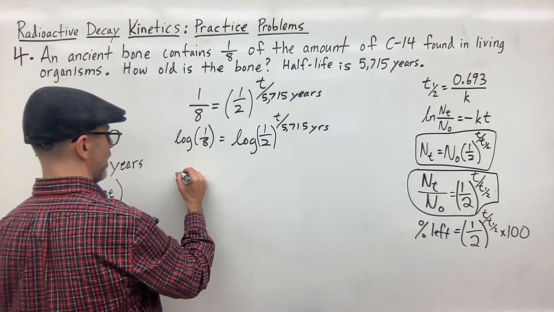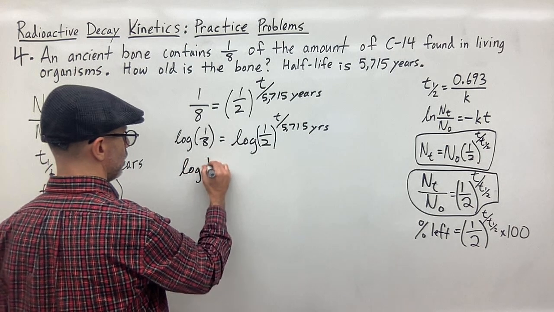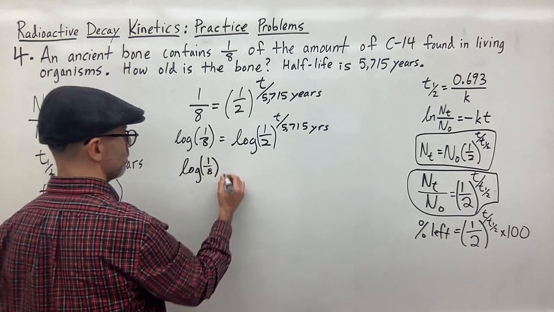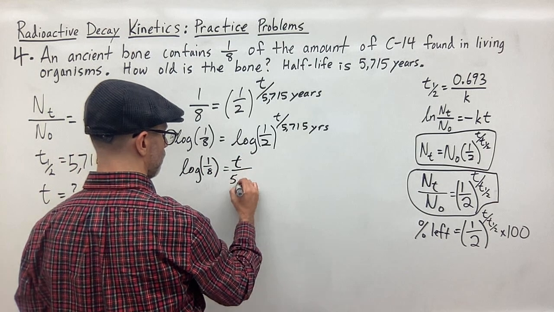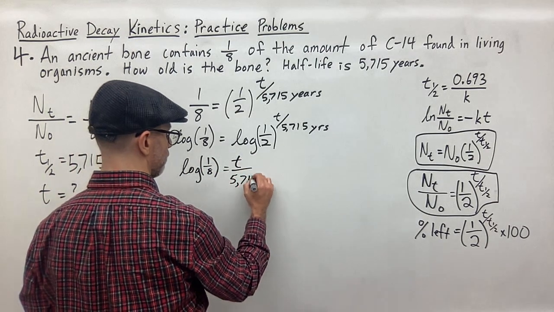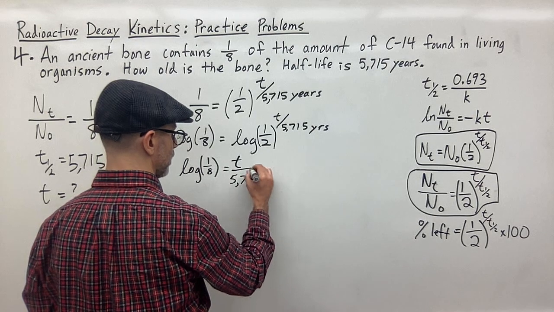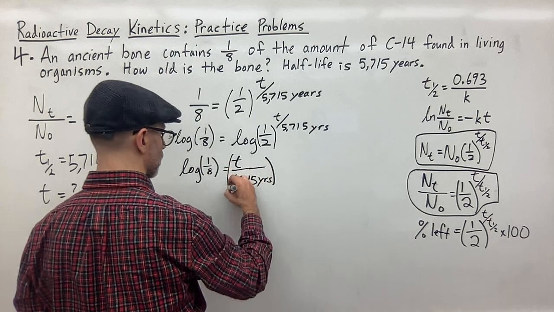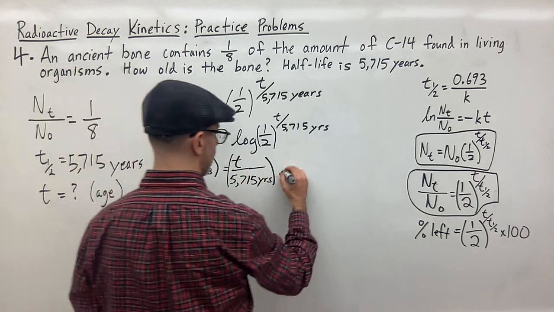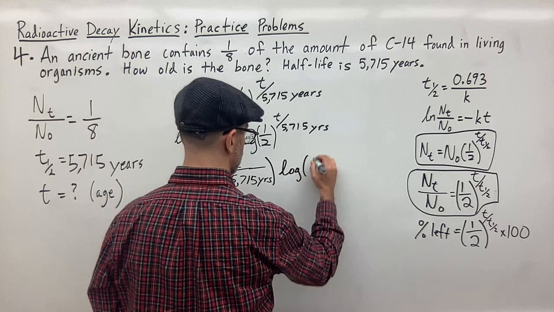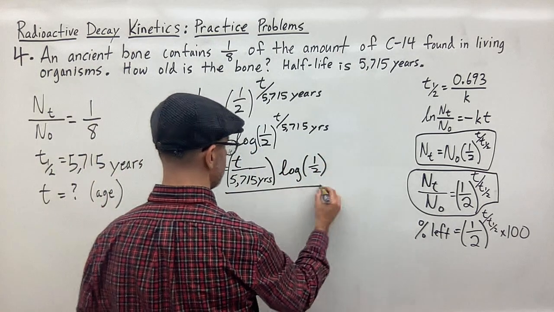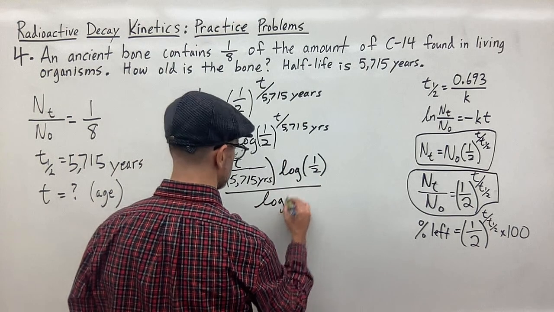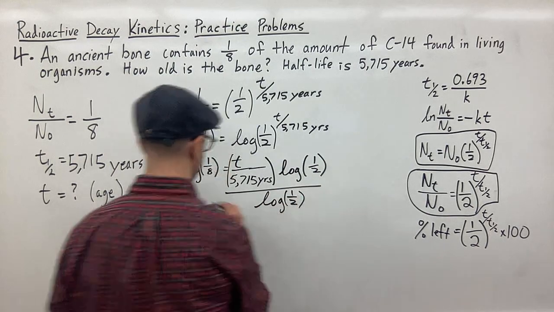Then I have the log of 1/8 is equal to t over 5,715 years multiplied by the log of 1/2. Now I can divide both sides by the log of 1/2.